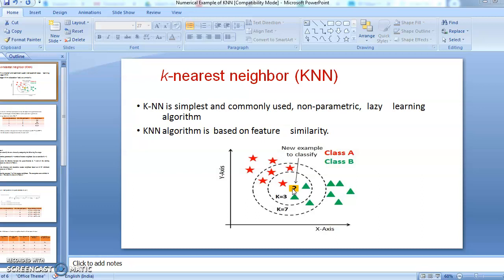Generally in KNN, the advantage is that it is a simple algorithm, and mostly it is used for real life applications. Now what does real life application mean? In real life, whom do we call a neighbor? The one who lives nearby us.